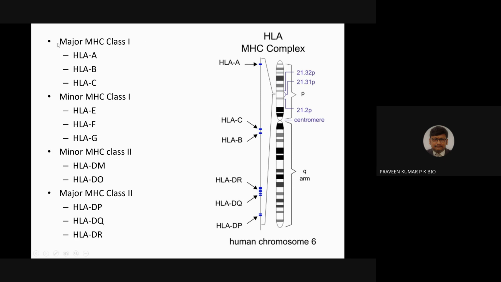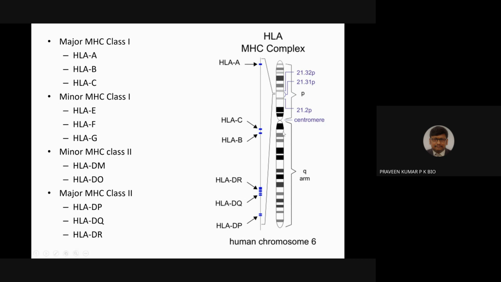If you see MHC class 1, not only do you majorly find A, B, C, in the minor MHC class 1 you can also find E, F, G. Similarly, in the major MHC class 2, you find DP, DQ, DR, and minor class DM and DO. We majorly concern ourselves with major MHC class 1 and major MHC class 2.